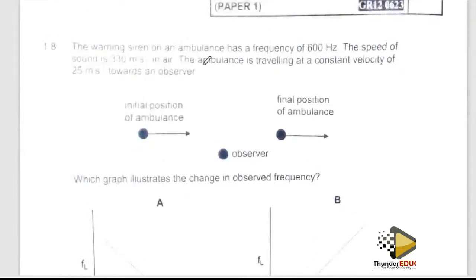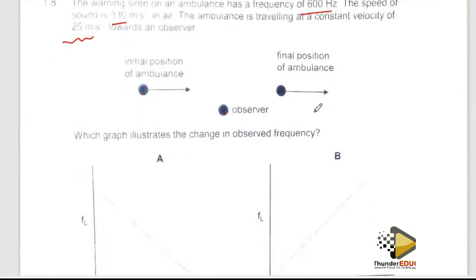They're telling us that a warning siren in an ambulance has a frequency of this, and the speed of sound is 330 in air. The ambulance is traveling at a constant speed of 25 meters per second towards the observer. This is the initial position, this is the observer, and then the ambulance passes. All right, so which graph illustrates the change in the frequency?